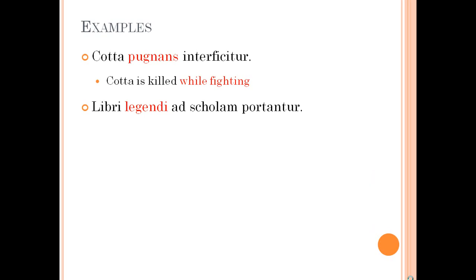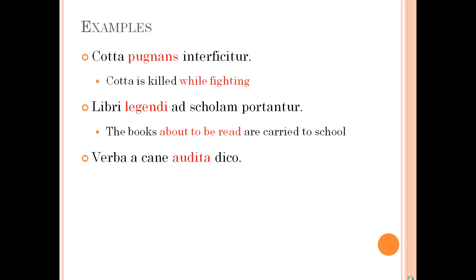"Libri legendi ad scholam portantur." The legendi has the -nd in it, which tells us it's a gerundive. The books about to be read are carried to school. "Verba a cane audita dico." Audita is the fourth principal part with no special additions or subtractions.